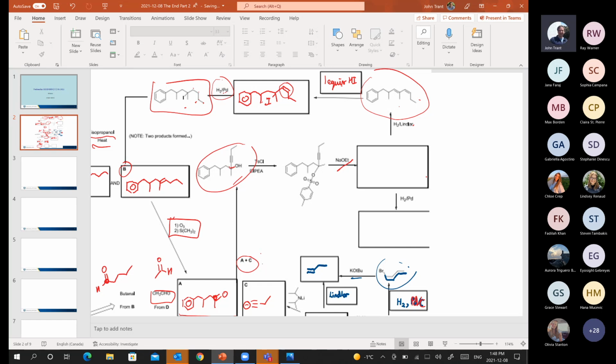This one's on the easy side. Thing to remember is this is one of those really good leaving groups that we saw. Perfect. There. Elimination of the tosylate group. It's related to the triflate, but it's not triflate per se. And then Lindlar again takes your triple bond down to your double bond.